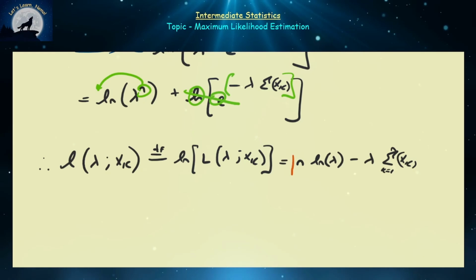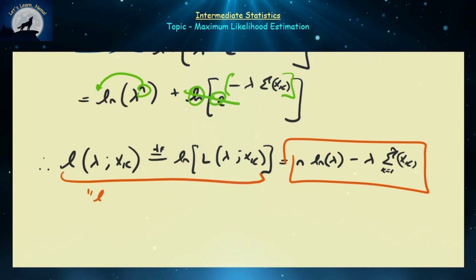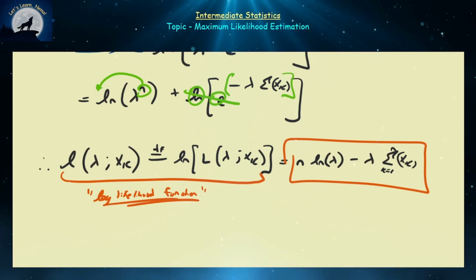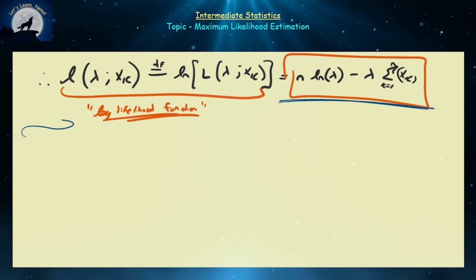We have this particular definition, and this is called the log likelihood function for parameter lambda under sequence xk. So our likelihood function is maximized if and only if the log likelihood function is maximized as well. Now we have the log likelihood function for an exponential distribution.